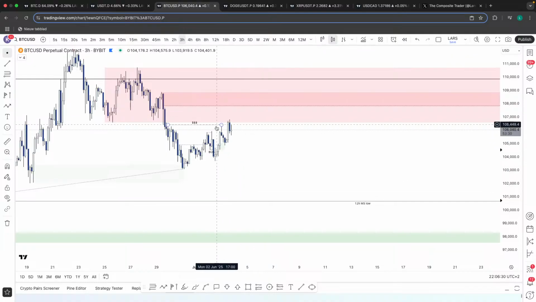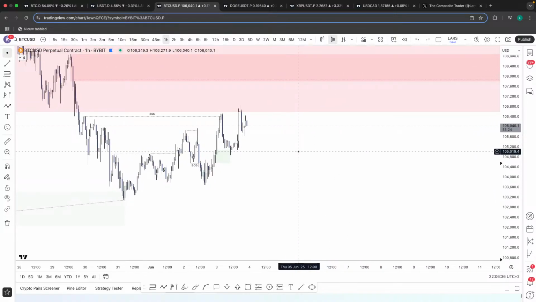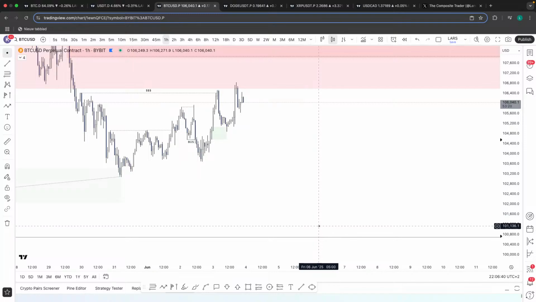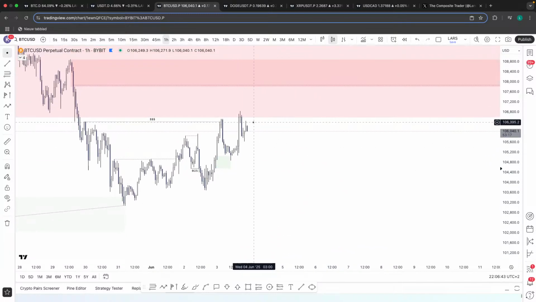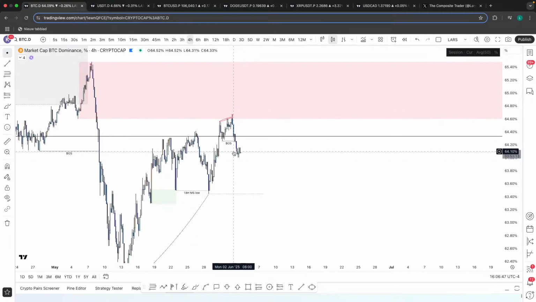Now, the reason why there were no trades yesterday or today, or why I was extra careful, is because this choppiness prior to taking out the sell side liquidity could take a while. You could get these pumps, and because Bitcoin dominance has broken structure back to bearish significantly, showcasing a failure of the local demand that we have below us right here.